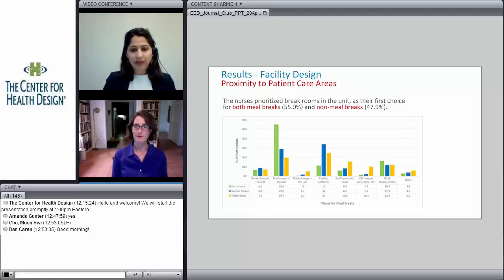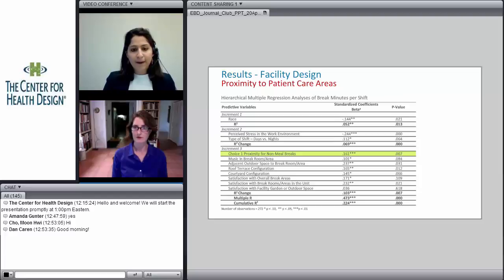And when we ran the hierarchical multiple regression analysis, we found that proximity was a great predictor of how much they took break. So if the break room was closer to their work area, they took more break, more often and longer.